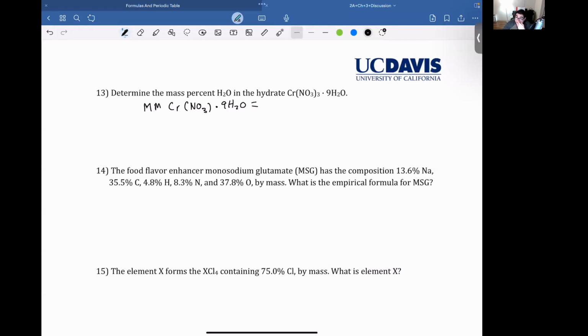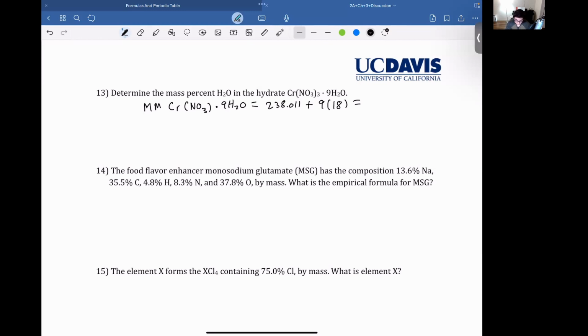So chromium 3 nitrate has a molar mass of 238.011. So that's the first part. 238.011. There's 9 waters. Each water has a weight of about 18. And then we just add them up.